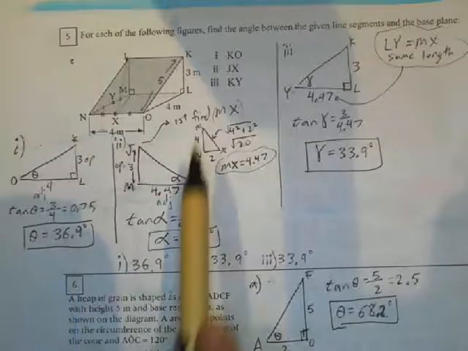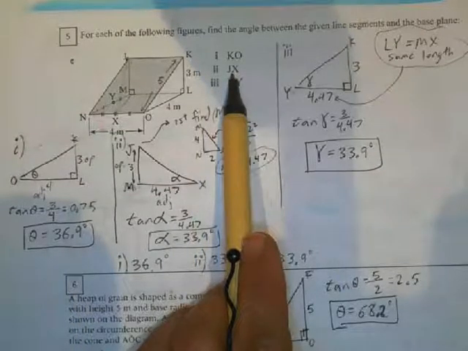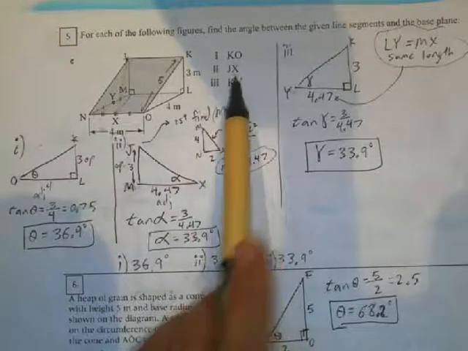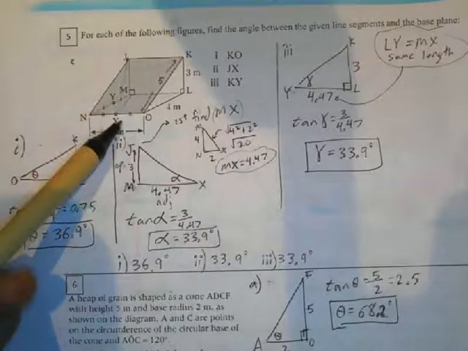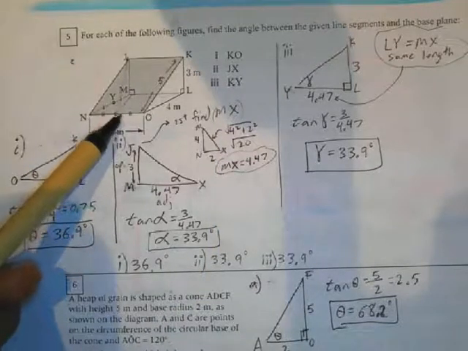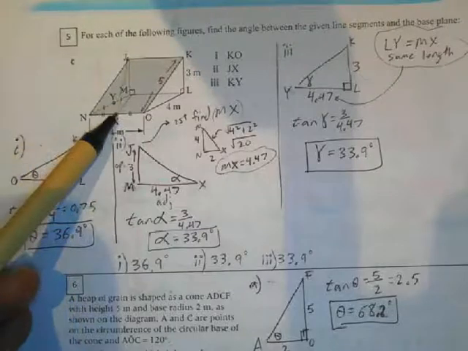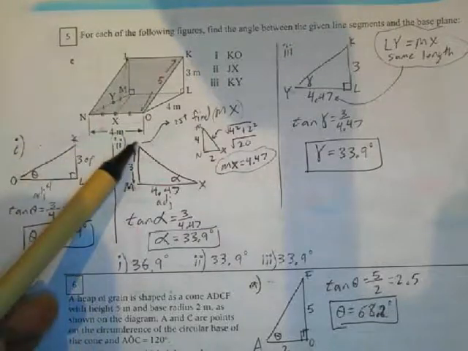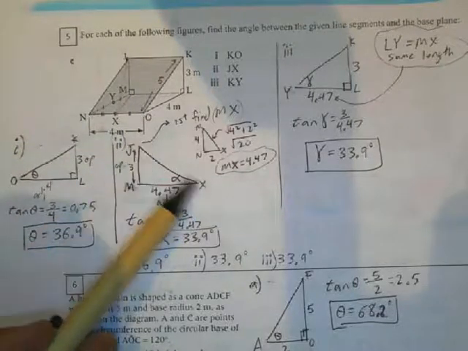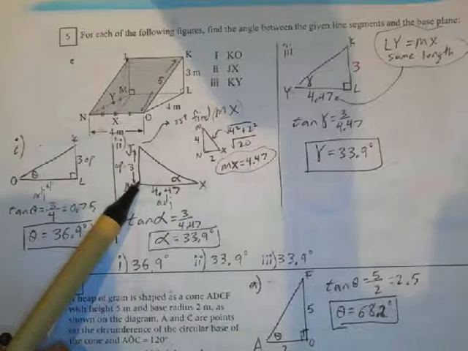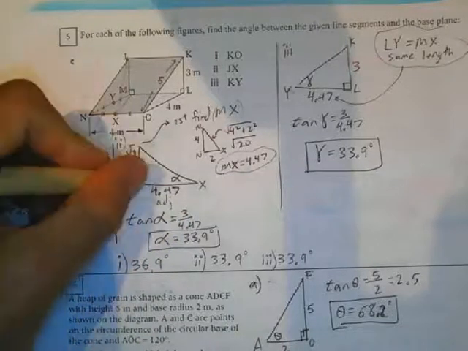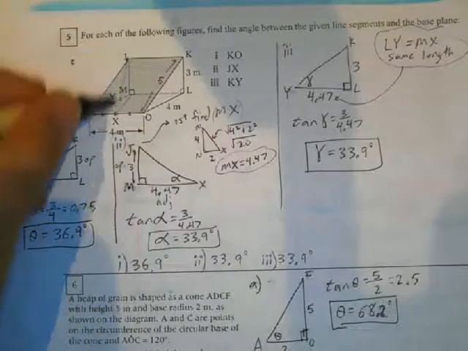For II, we're trying to find the angle between JX, J to X, and the base. So we've got triangle JXM. We know this is a right angle. And I need the length.